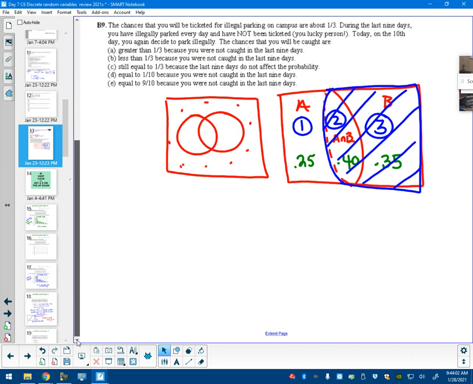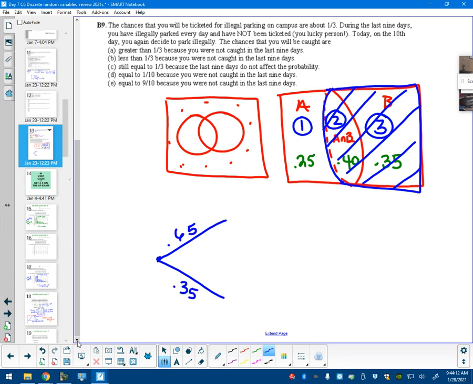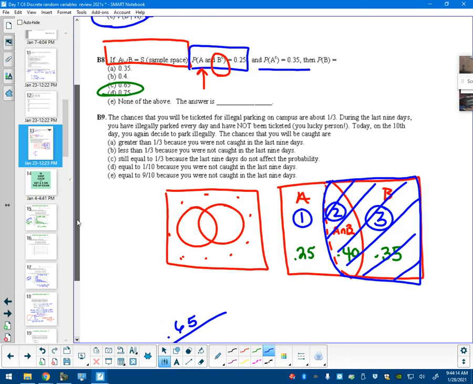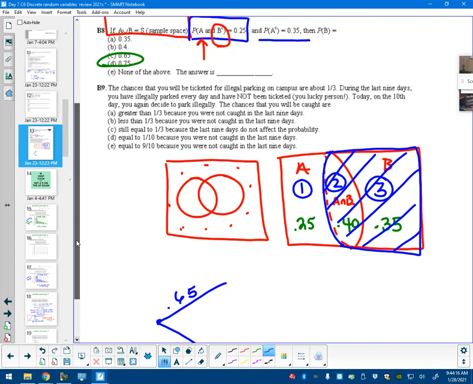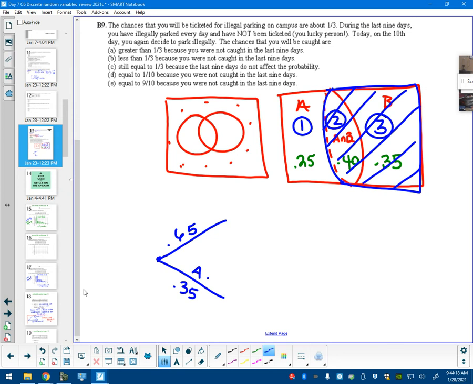I drew a little tree diagram. Okay, so you did this? Yeah. And then I did 0.65 on the top one, and then 0.35 on the one below. And why did you do that? To add to 1. Right? Yeah. Okay, so this down here is the A and B naught.